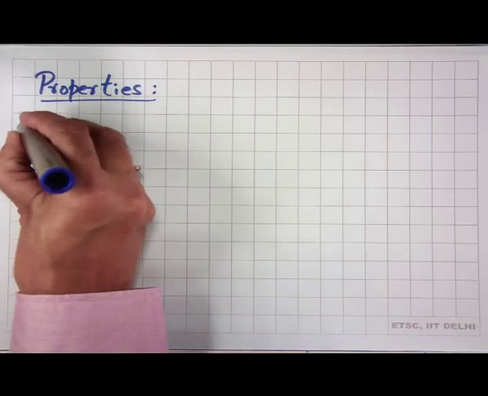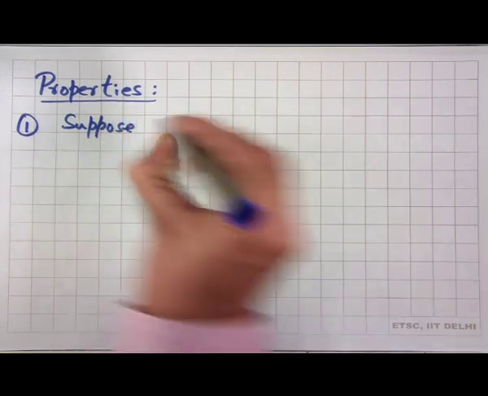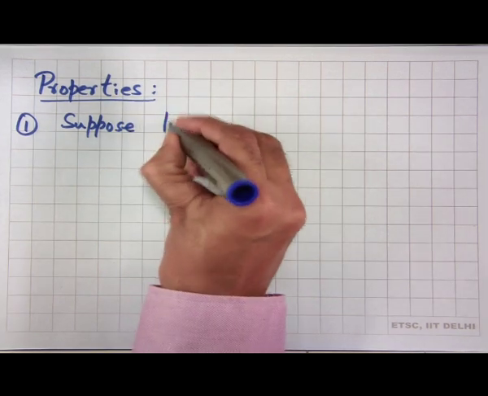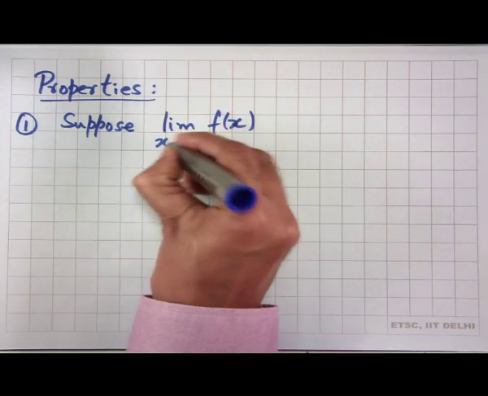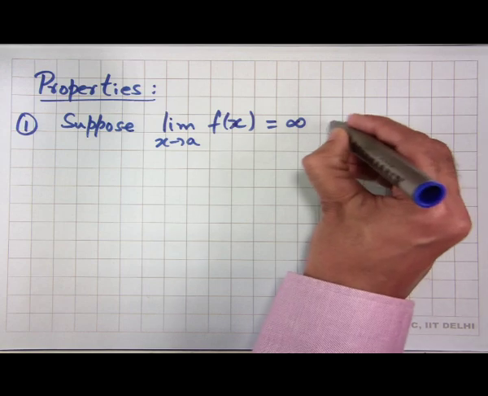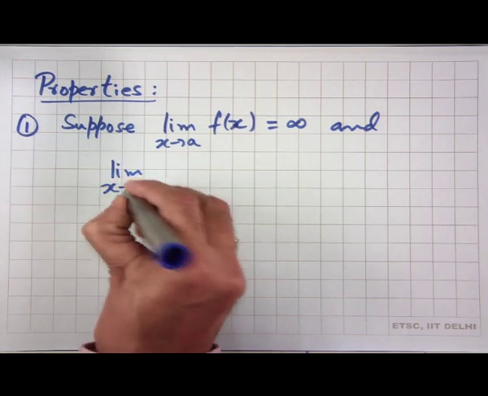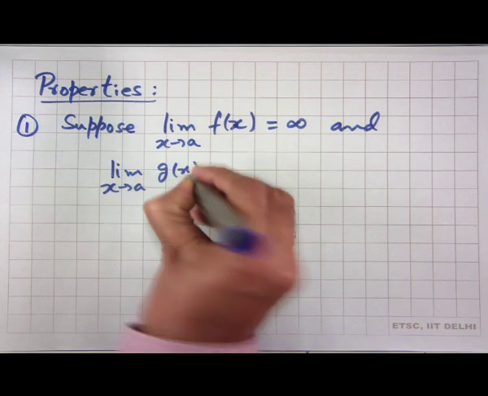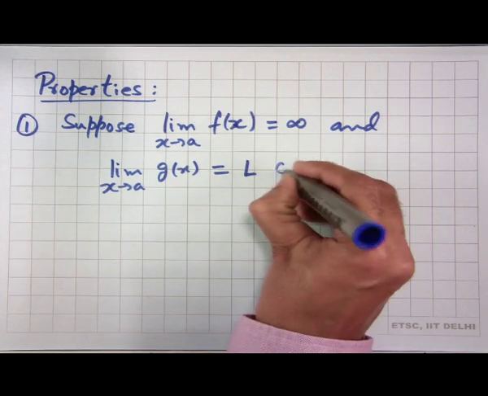Now, let us see some properties. So, first, suppose we have f of x and g of x, two functions, and suppose the limit of f of x is equal to infinity and the limit of g of x at a is equal to some L which is a real number.